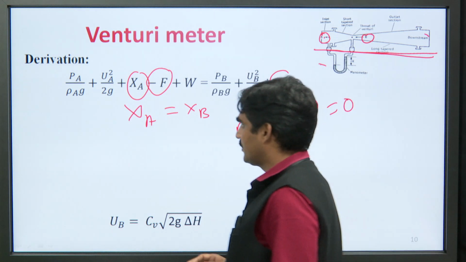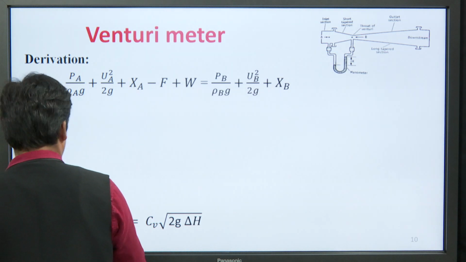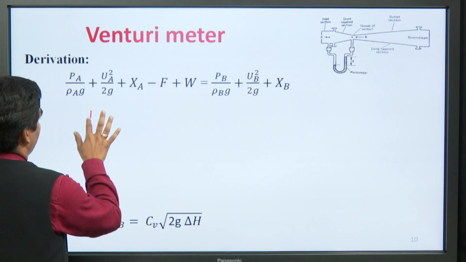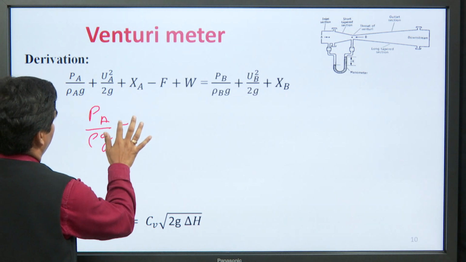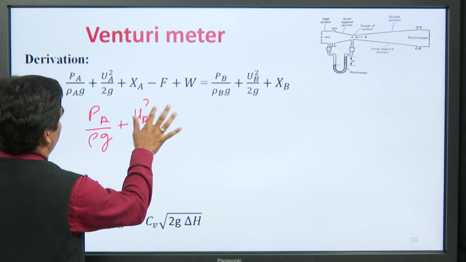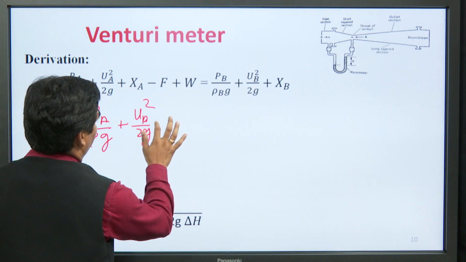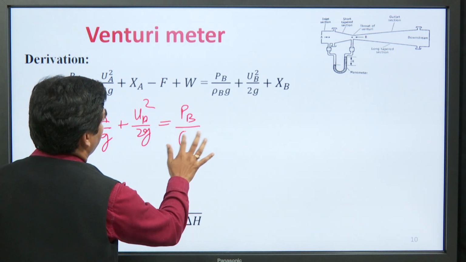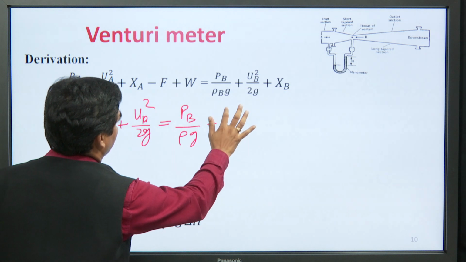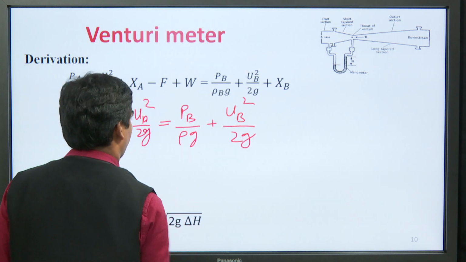Now, the equation changes to P_A by rho g plus u_A square by 2 g, that is equal to P_B by rho g plus u_B square by 2 g.